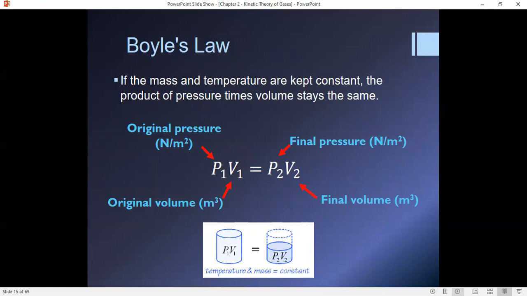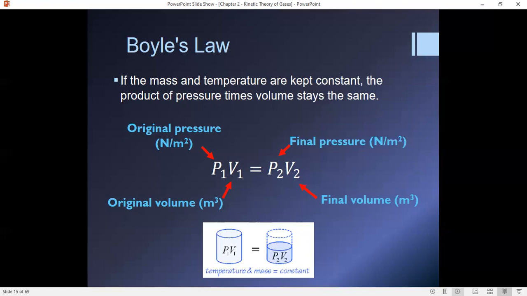It essentially says that if you hold the number of molecules constant and the temperature constant, the product of the pressure and volume will also be constant. Basically, PV equals nRT, if n and T are constant on the right-hand side of the equation, P and V have to be constant on the left-hand side.